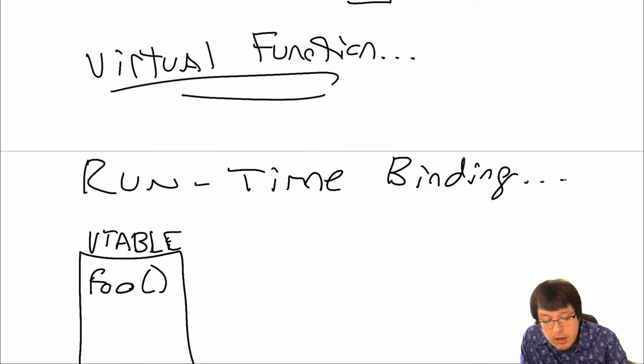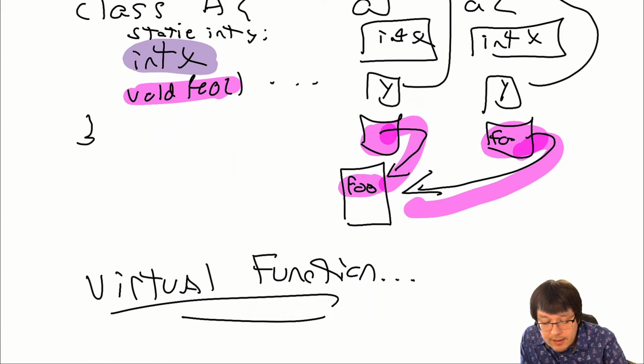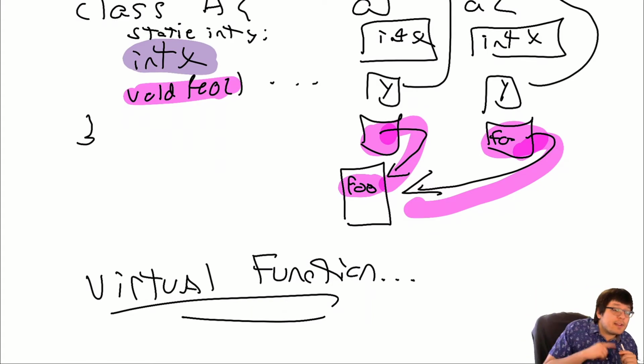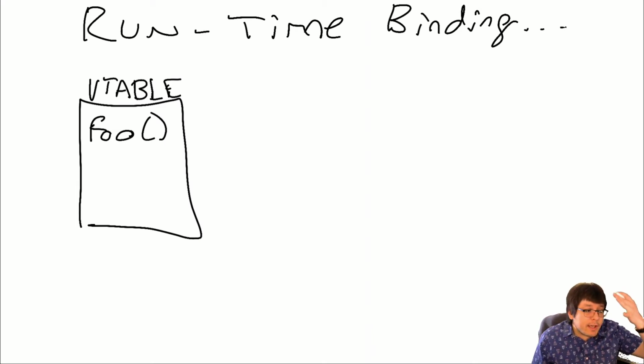And so now when you're making your objects and you're trying to figure out who to link foo to, in this scenario, it instead links to the V table. And in the V table, it says it's going to be a function from here, but I don't know yet. And so at runtime, it's looking in that V table for foo, and it knows what object you belong to.